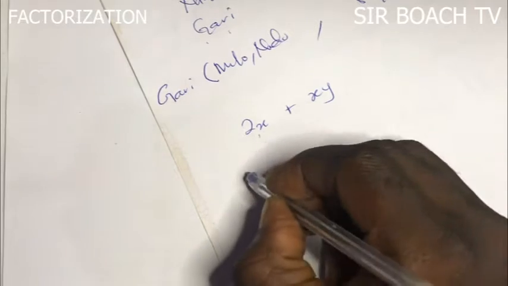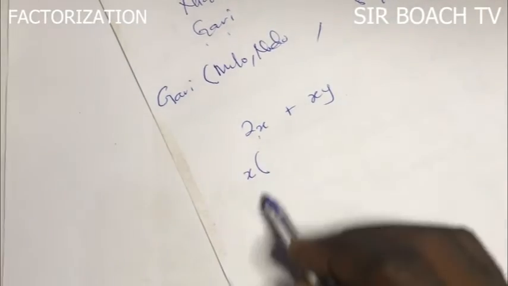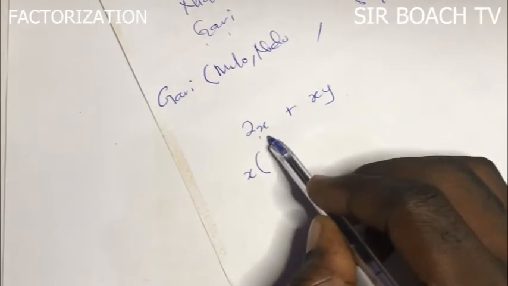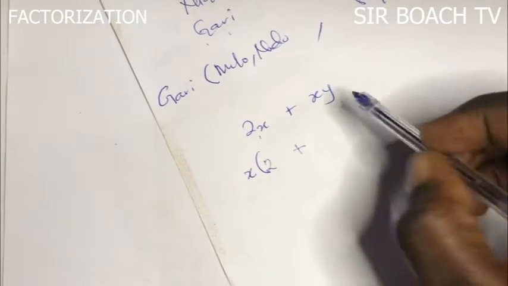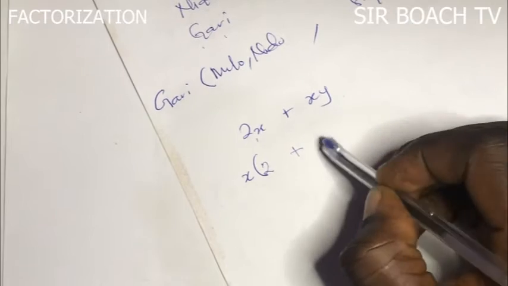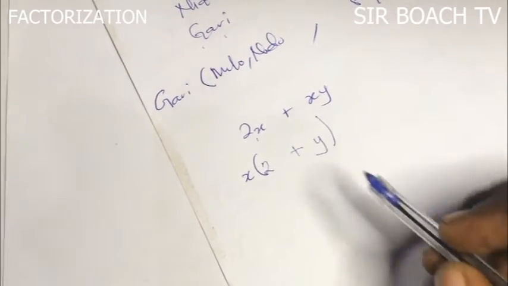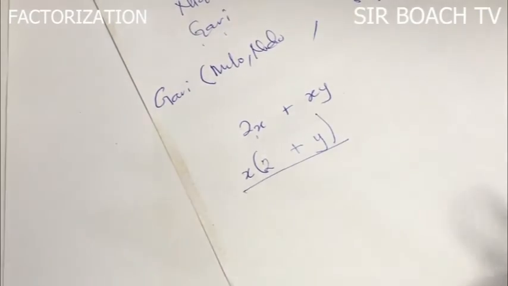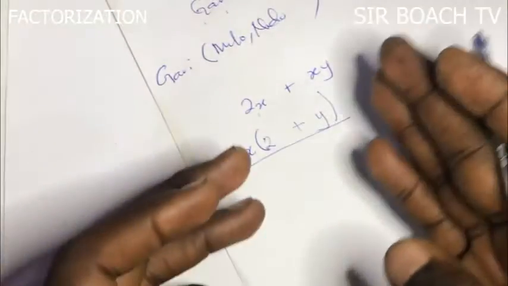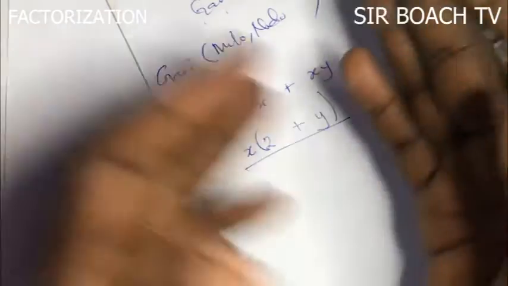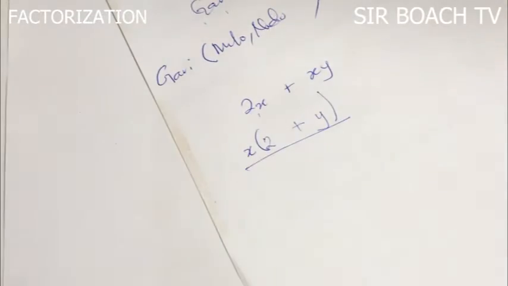Taking the x out from this one, we are left with 2 over here, plus this one, when you take the x out, it's left with y. You get it? So x becomes the common factor, and bringing that common factor out is what we term factorization.